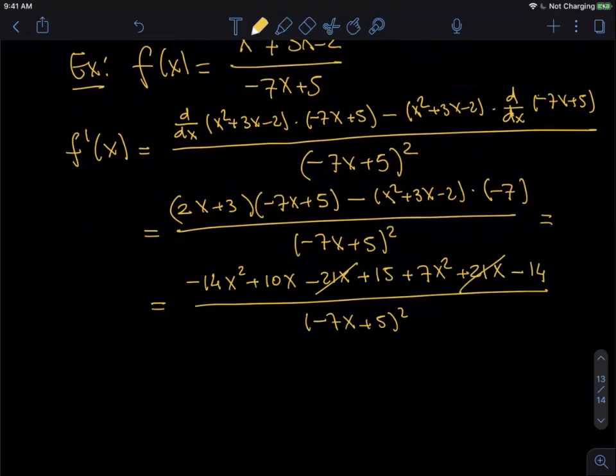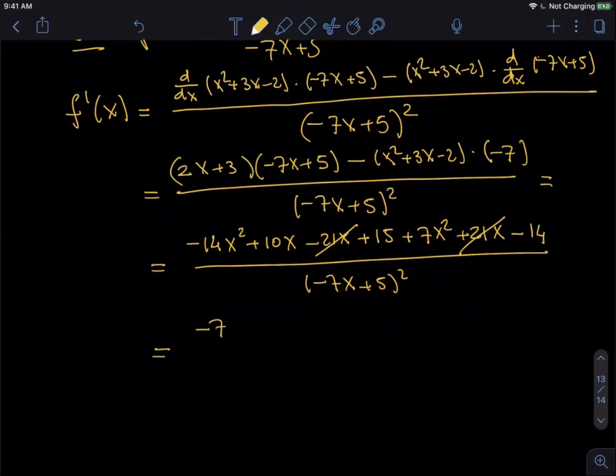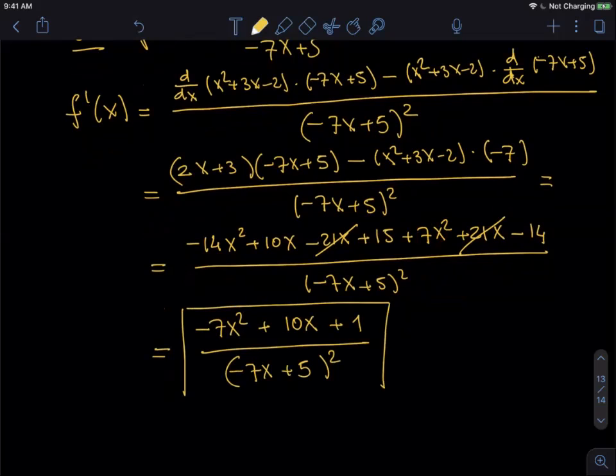So there's a simplification, the 21x. And this turns out negative 7x squared, because of the x squares, plus 10x. And then I have 15 minus 14, plus 1, divided by (negative 7x plus 5) squared. And we can leave it like this, box it, and done.